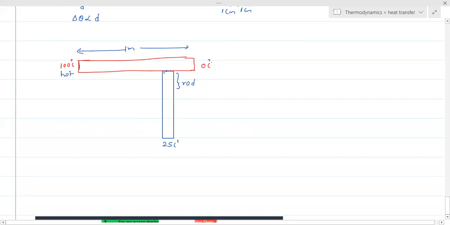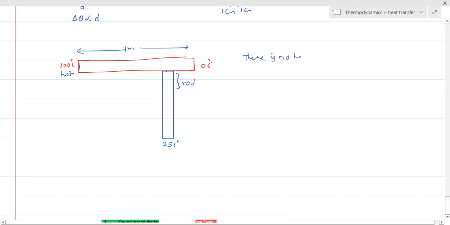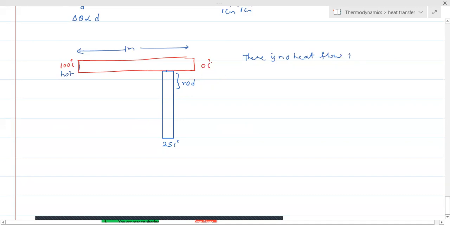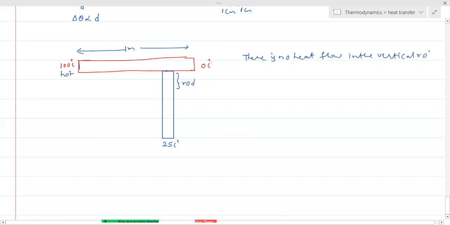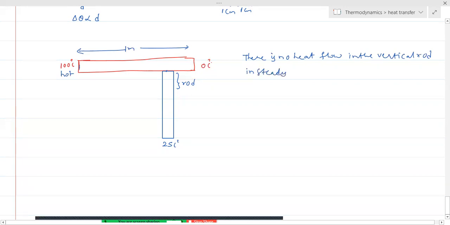You are keeping the position of the rod such that there is no heat flow in the vertical rod in steady state. So there is no heat flow through the vertical rod in steady state.